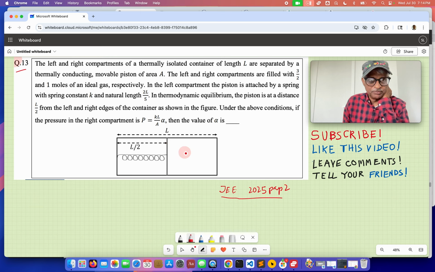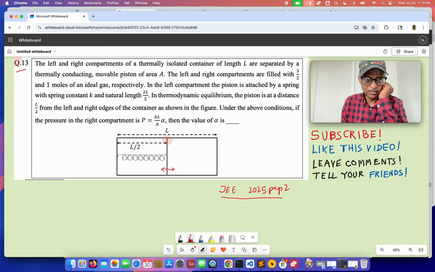You have two compartments, and this is a piston that can freely move. At equilibrium, it comes halfway, and that's the equilibrium condition.